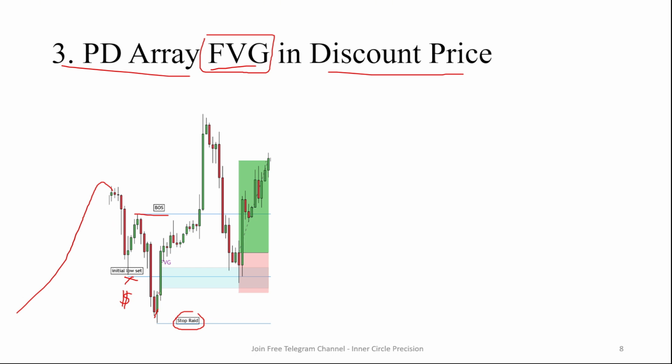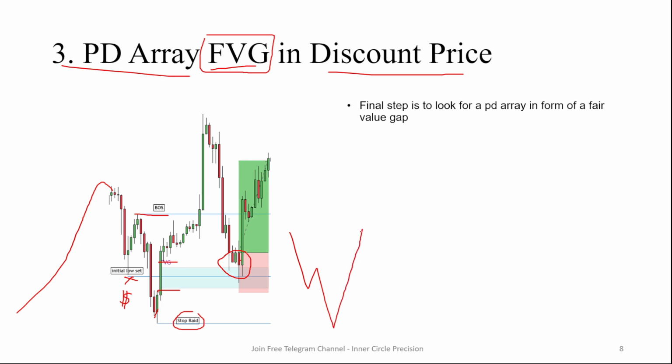So in this particular case, you can see there was this particular fair value gap right here, and then the market went to that particular fair value gap. Within this particular zone, you can actually shift to the small time frames, where you are going to look for the same model, leg, break of low, break of structure, and then like this, where you are going to enter.